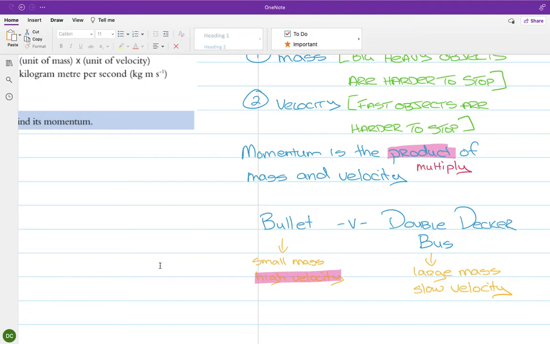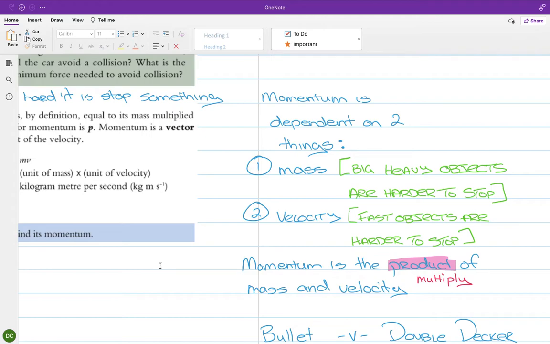So in this example, the double-decker bus is getting its momentum from its large mass. Okay, so it doesn't necessarily need to have both. Now, if it has both, if you take the double-decker bus and put it on the M50 going at 120 kilometers per hour, that has a huge momentum. Okay, so that's momentum.